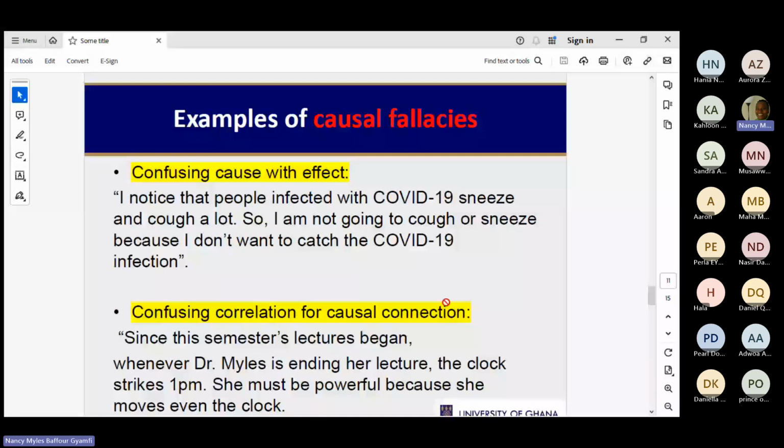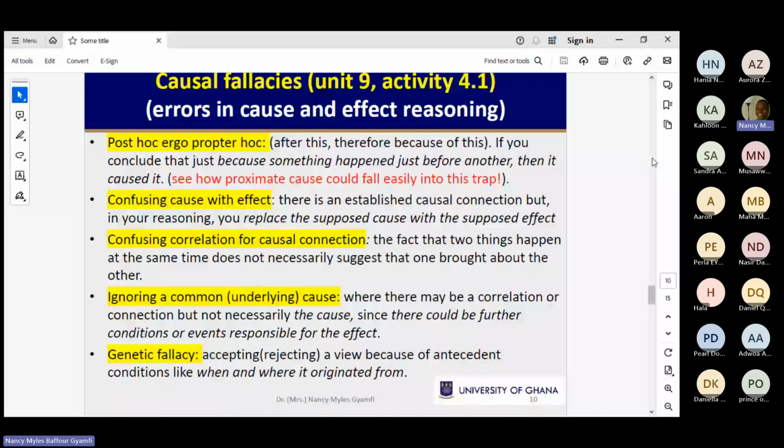So you know post hoc, ergo propter hoc. You know confusing cause with effect. There's a third one. You commit a fallacy when you confuse a correlation to mean that there is a causal connection. Correlation means two things happening at the same time frequently. They correlate. It's not one after the other, like proximate cause.